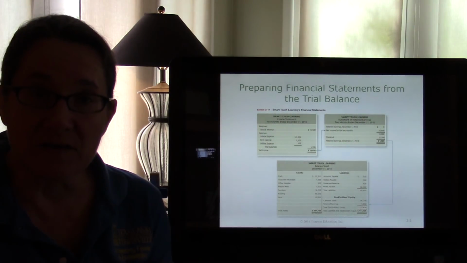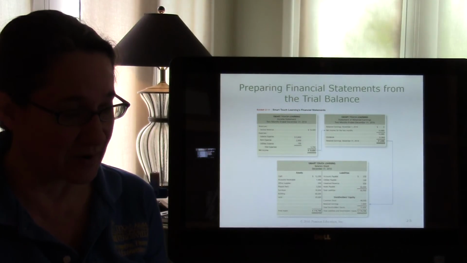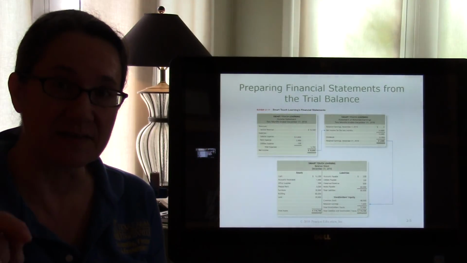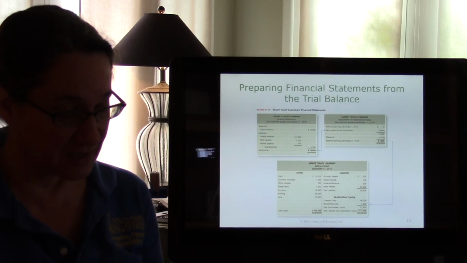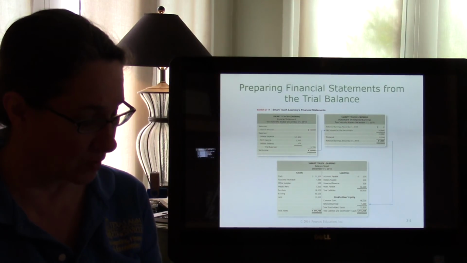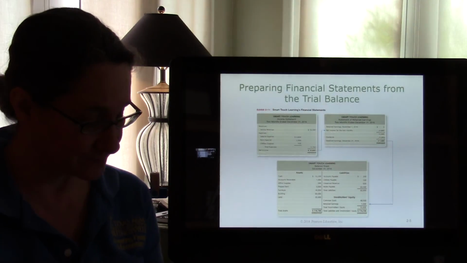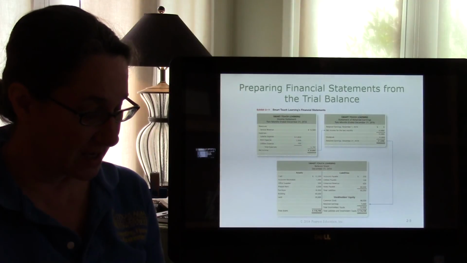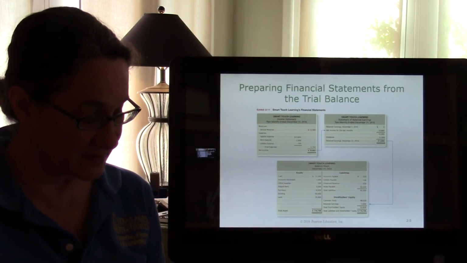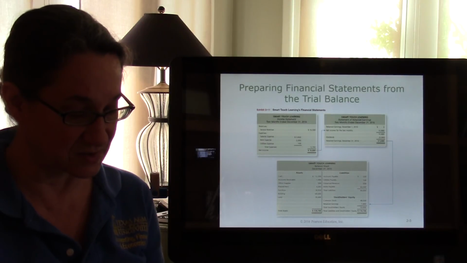Now, we do these trial balances in order to help us prepare the financial statements. We're going to get into this a lot more in the next chapter, but it's pretty important that you understand what accounts go on what financial statements and what the financial statements are. So, in addition to verifying the equality of debits and credits, the trial balance is used to prepare the financial statements.